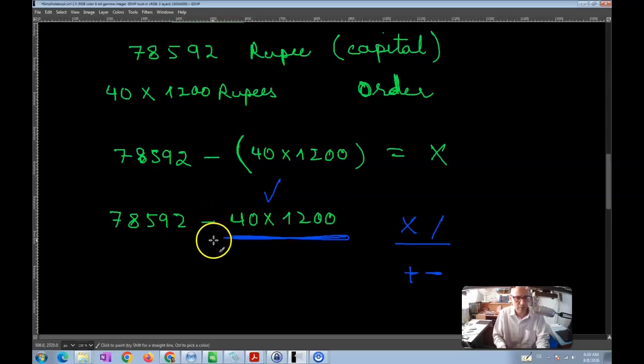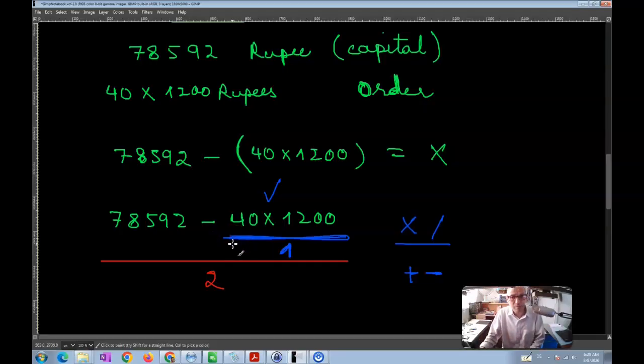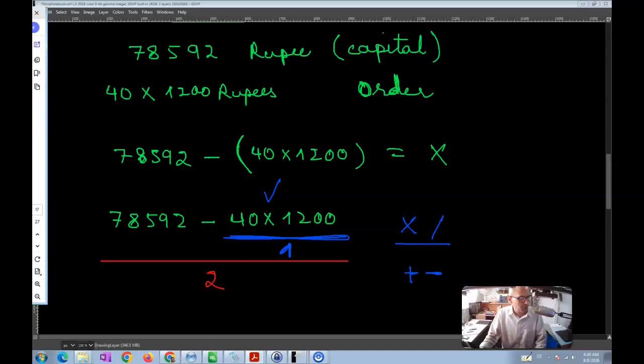So this is operation number 1, and then operation number 2 would be this number minus this part over here. Okay, this is important, otherwise if you don't understand, of course you could make mistakes, which is not very cool in mathematics.